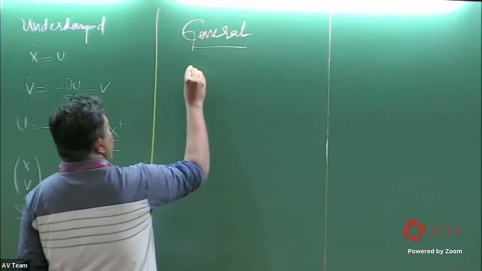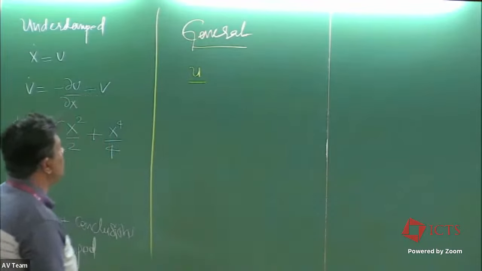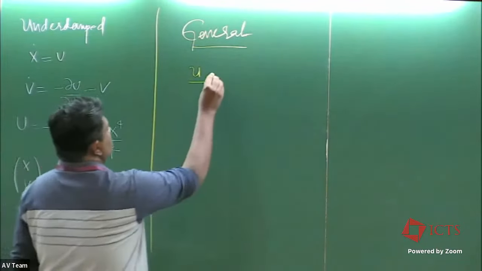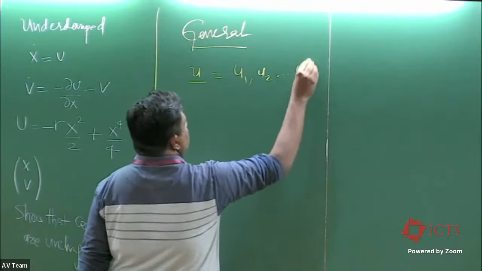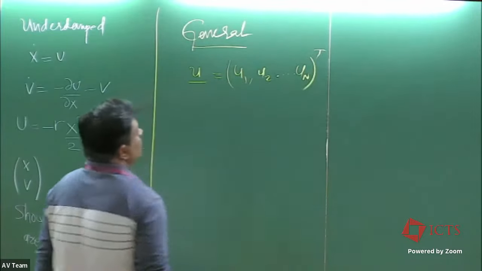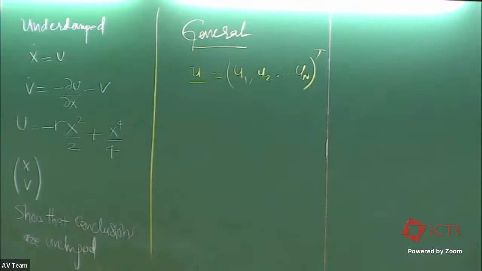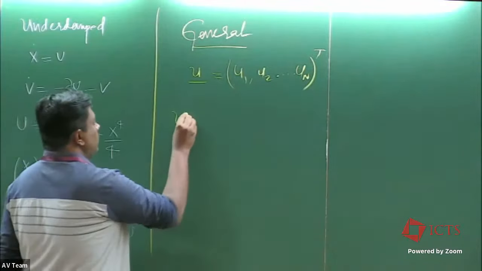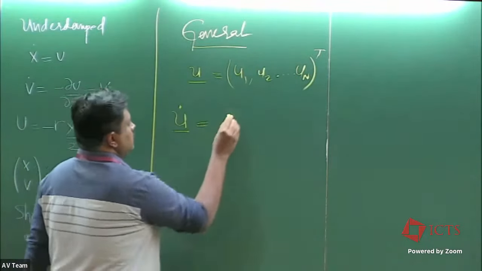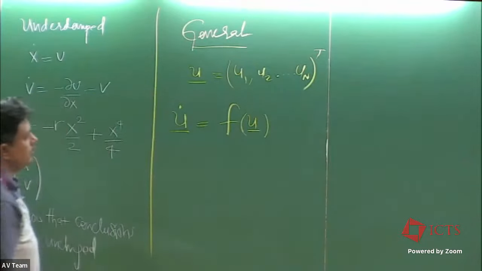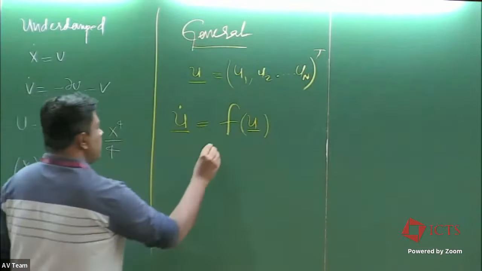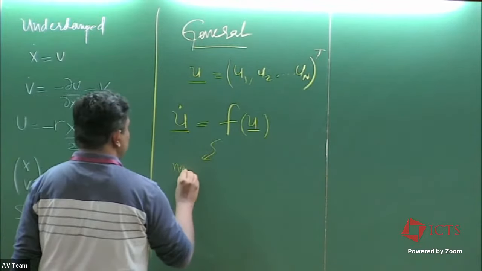So let's say I have a vector of dynamical variables, some U1, U2, U3 up to UN. And you have an evolution equation, vectorially, as basically something that takes in this set of variables. So f is in general some nonlinear function.